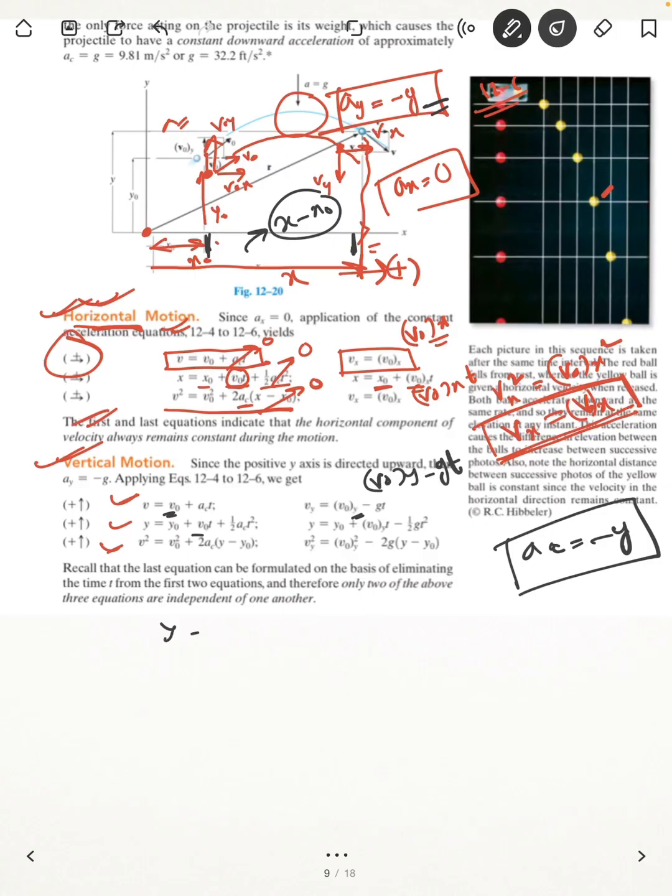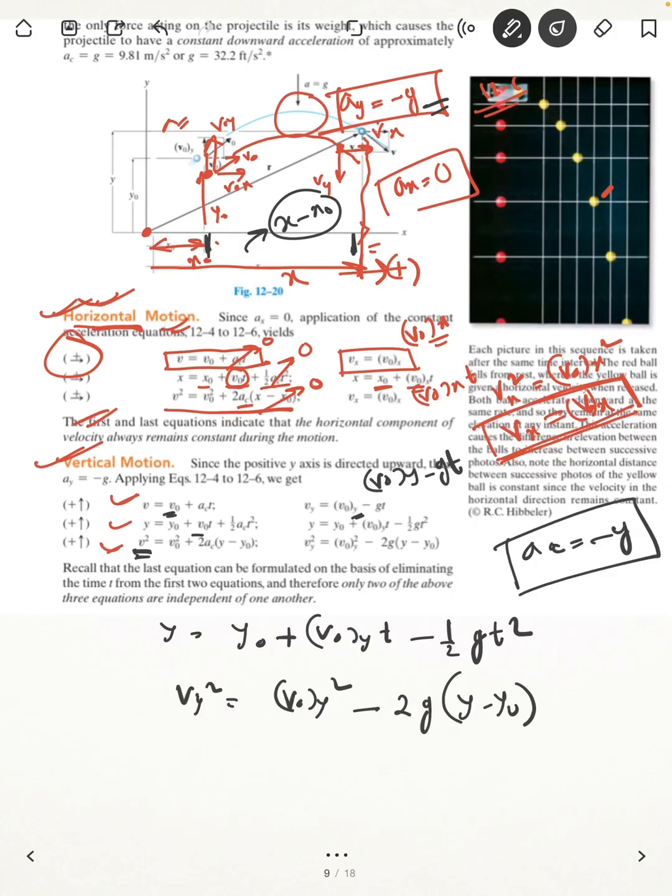And then this equation should be y is equal to y naught plus v naught y t minus half g t squared. And this equation becomes v_y squared, because we're taking the component along the y-axis, so this will be v naught y squared minus twice g times y minus y naught.